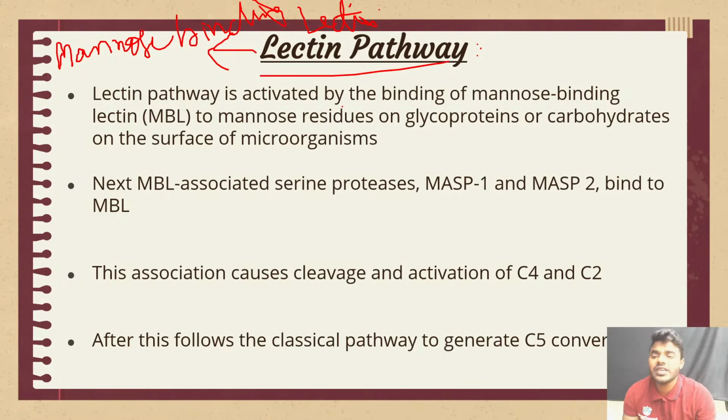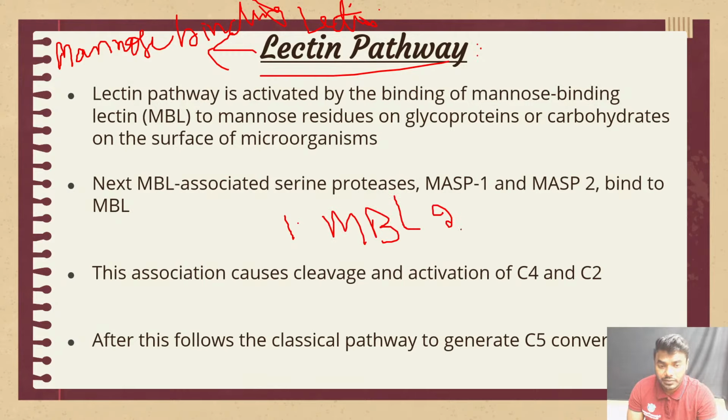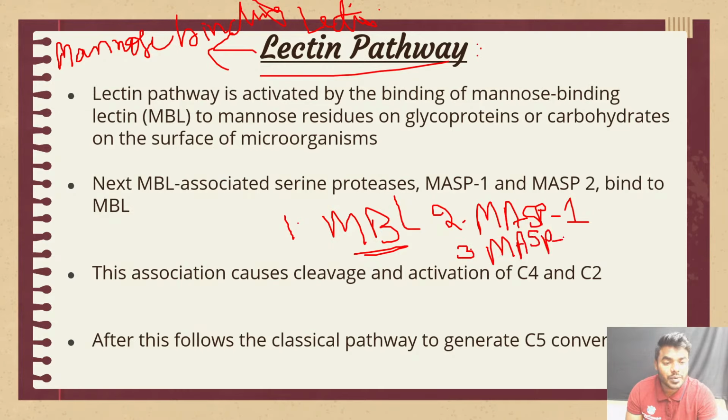It's very easy, friends. In this lectin pathway, only 3 major proteins are involved. The first major protein is MBL, mannose binding lectin. Then the second and third major proteins, which are always associated with this mannose binding lectin, are mannose associated serine protease 1 and mannose associated serine protease 2.